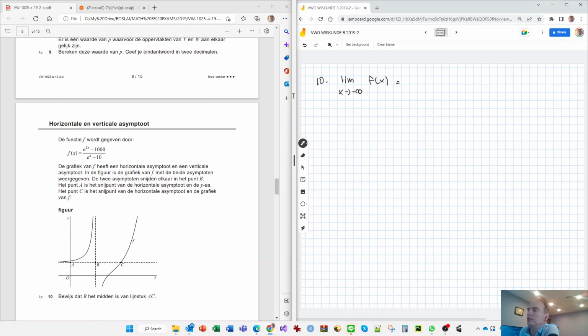Compared to these constants here, you can ignore them. So you get 0 minus 1000 divided by 0 minus 10. So that is 100. So the asymptote is the line y is 100.